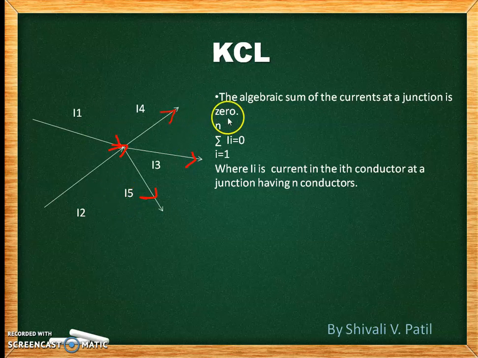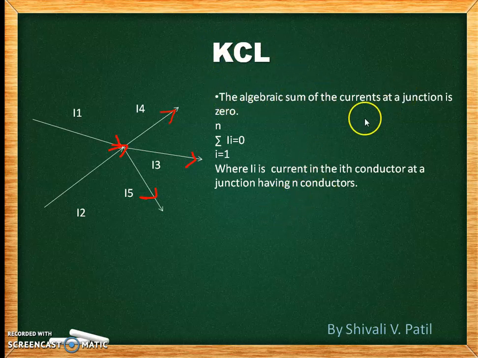We can generalize this formula as summation i equal to 1 to n, I_i is equal to 0, where I_i is the current in the ith conductor at a junction having n conductors. If we consider there are 5 conductors and i is equal to 2, then I2 is the current flowing through the second conductor.